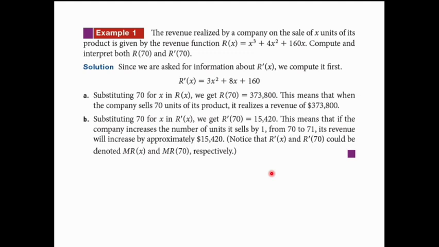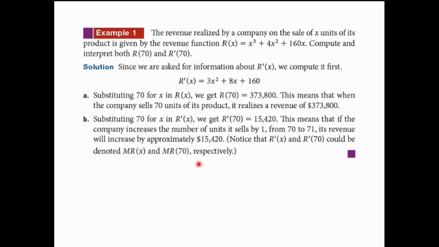So this means that if the company sells 70 items, the increase in revenue when we sell the 71st item, our revenue would increase by approximately 15,420. That's a lot of moolah for selling one more item.